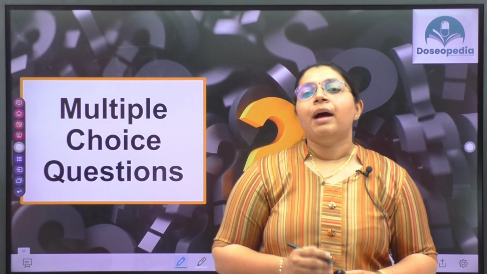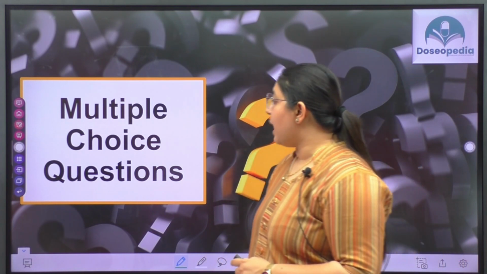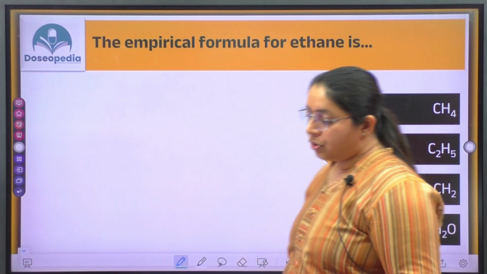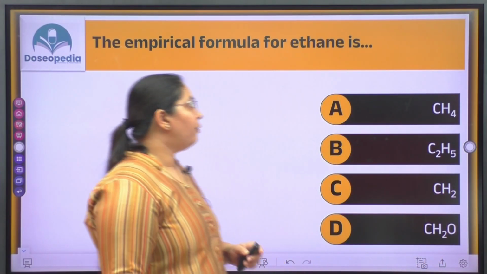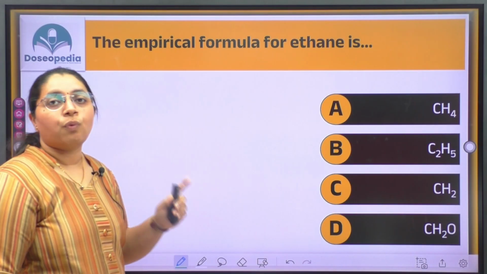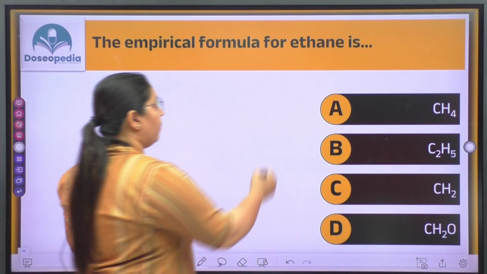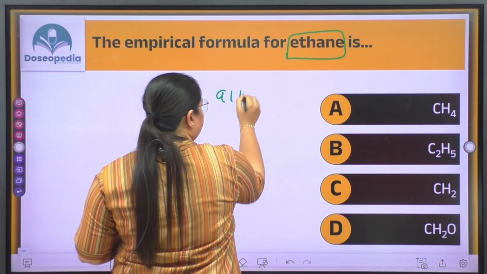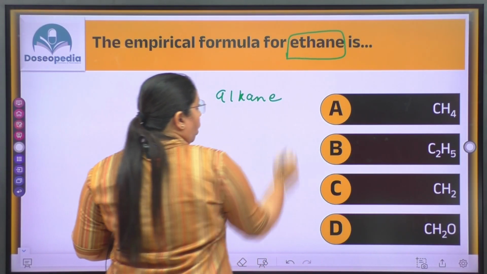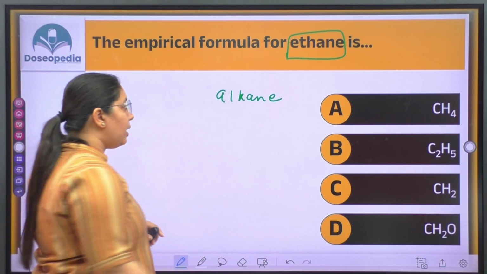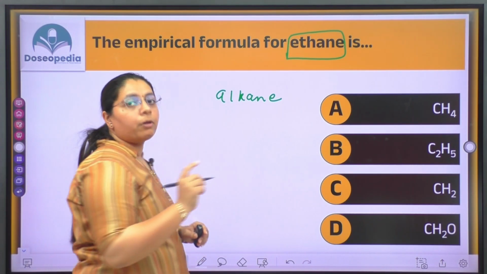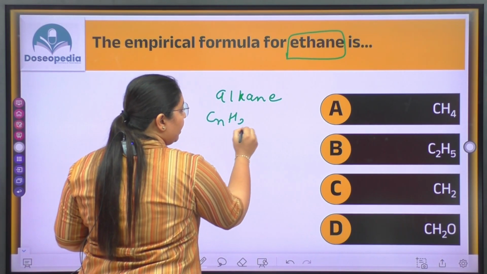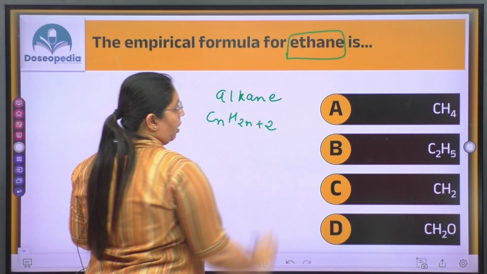Let's go for some MCQs that can be asked in your exam. The very first question is, the empirical formula for ethane is what? So ethane is an alkane. An alkane has one general formula, that is CnH2n+2.